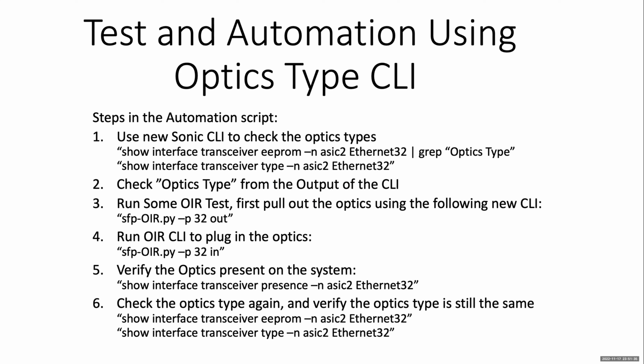For example, I do some OIR tests of the optics, or a system reboot, or an interface flap, or I send traffic through different interfaces. After all the testing is done, I can verify the optics. For example, for the OIR testing, after I pull out and plug in the optics, I first verify the optics is still there. Then I use Long's new CLI to check the optics again, to see if the information is still the same as in the first step.